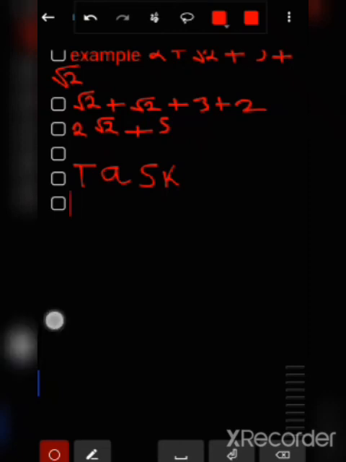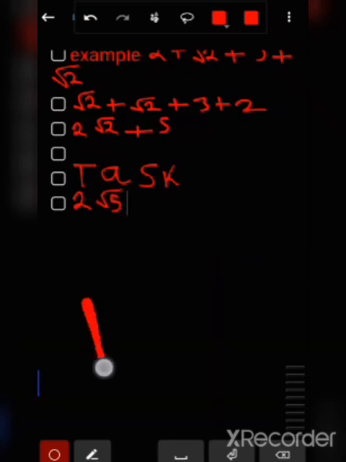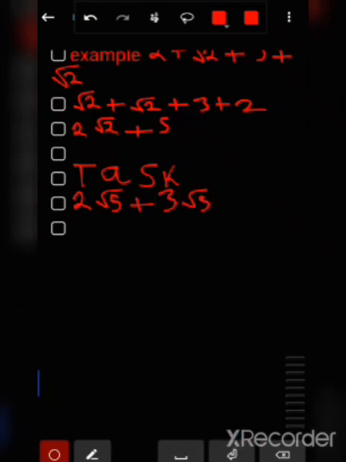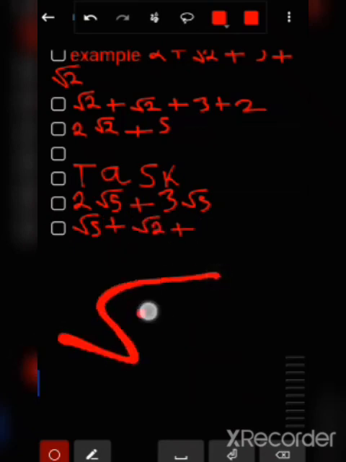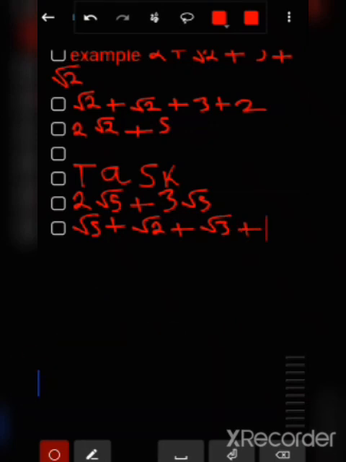So add this: 2 root 5 plus 3 root 5. The second one, add root 5 plus root 2 plus root 3 plus root 5.